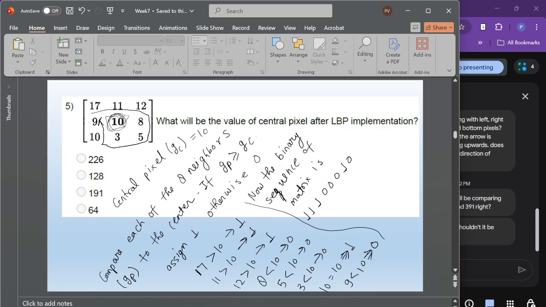This is our binary sequence of the given matrix. Now we need to calculate the decimal value of the binary sequence. Can you calculate it? How? So 2 to the power 7. Convert the binary to decimal. So 0, 1, 2, 3, 4, 5, 6, 7. Right?